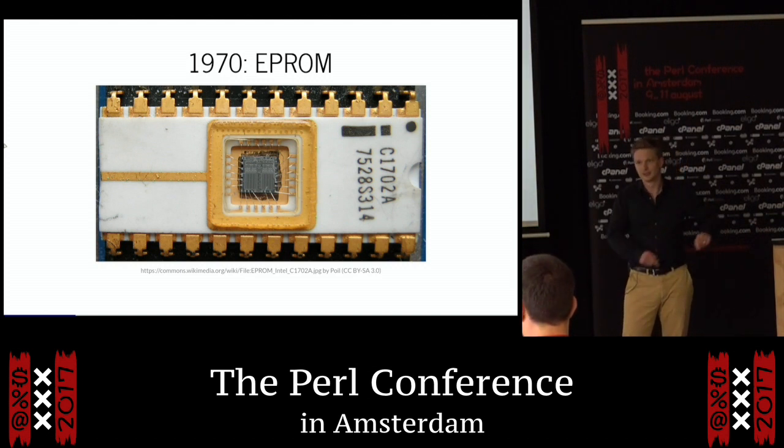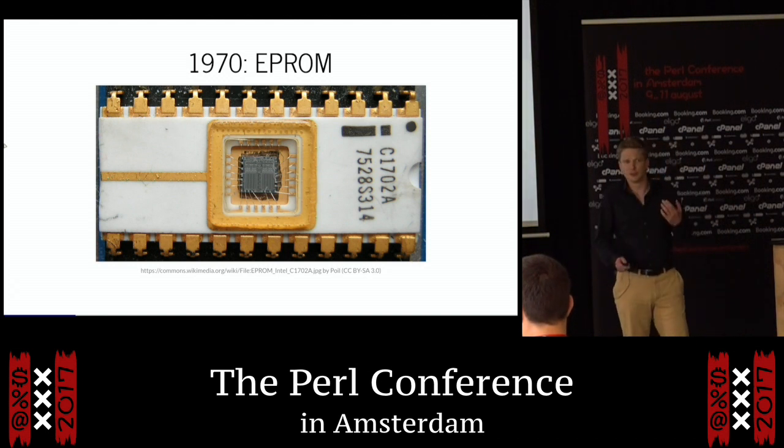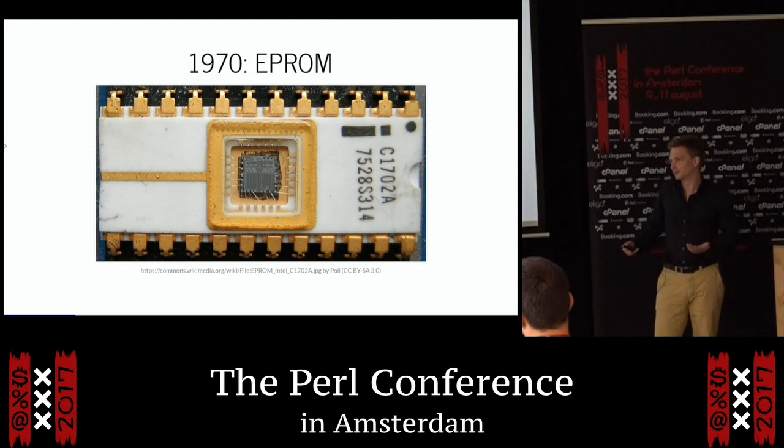In contrast to the magnetic core memory you had before, to erase it you have this window on the top, and you have to illuminate it for 30 minutes with ultraviolet light in order to erase it again. So that's not really what you would use as a disk where you want to modify data often.